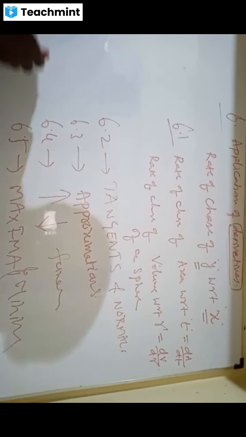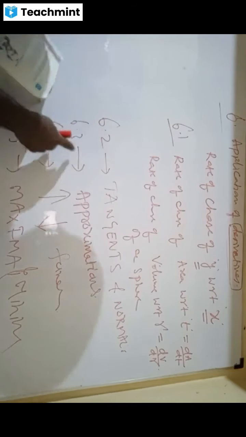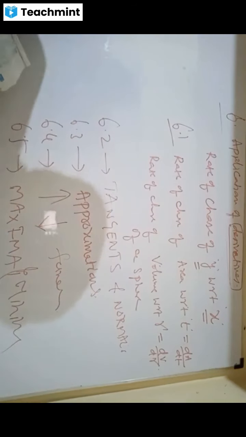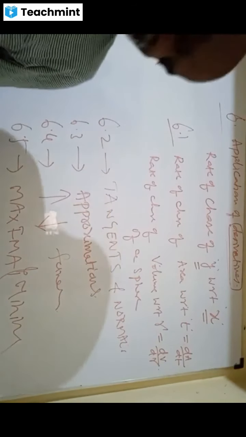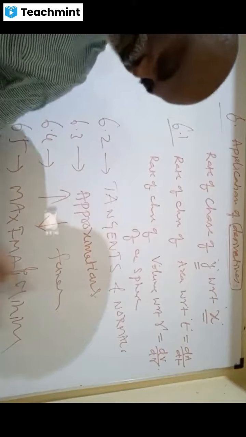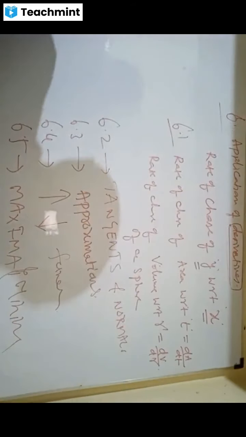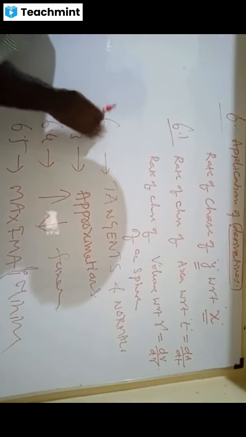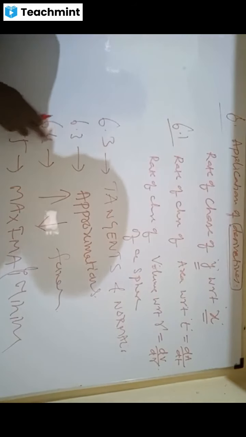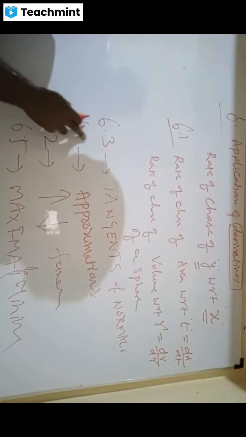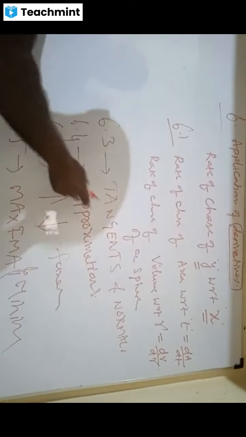This is 6.2. It is 6.3. It is 6.4. 6.5 is maxima and minima. Okay, doesn't matter. Small shuffling happened. These are the 5 exercises, please. This is actually 6.3. This is 6.2. This is 6.4. I know this is 6.4.